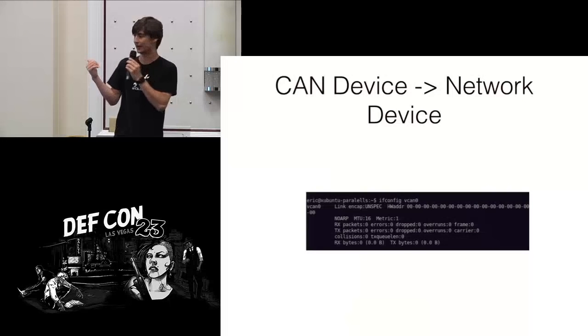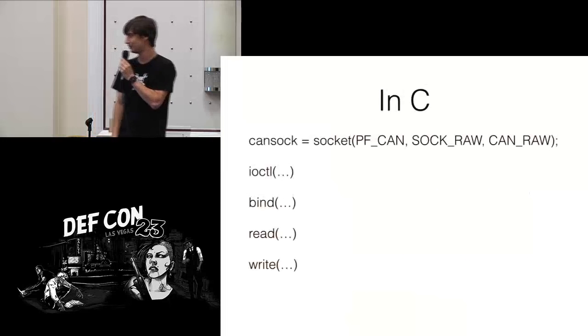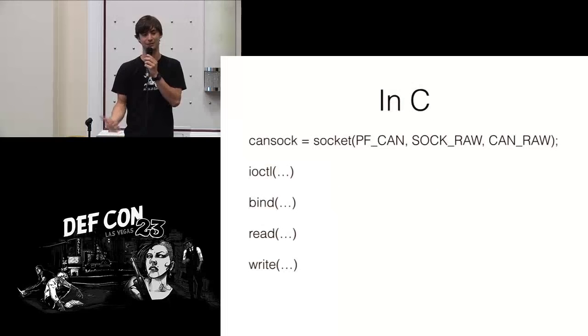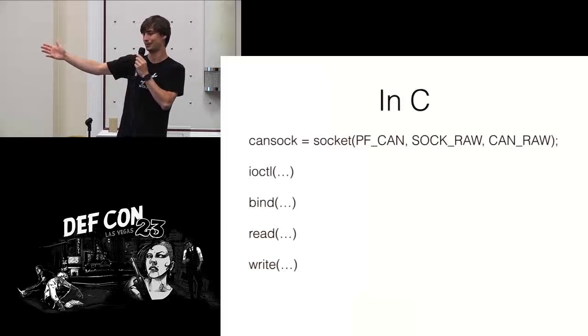So once you have this device and you've set it up and it's actually a network device, in C, you literally do everything you'd expect to do with sockets. Has anyone done socket code in C before? Got a couple hands. So you call the function, you get a file descriptor back.